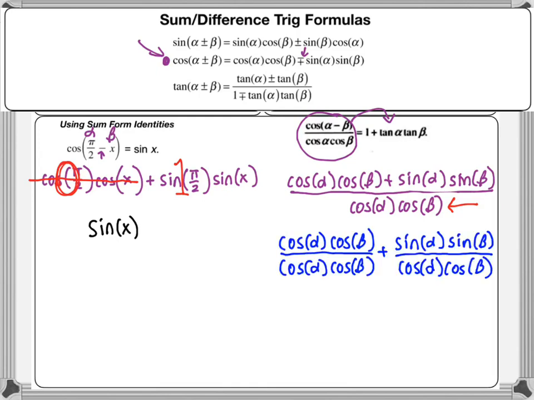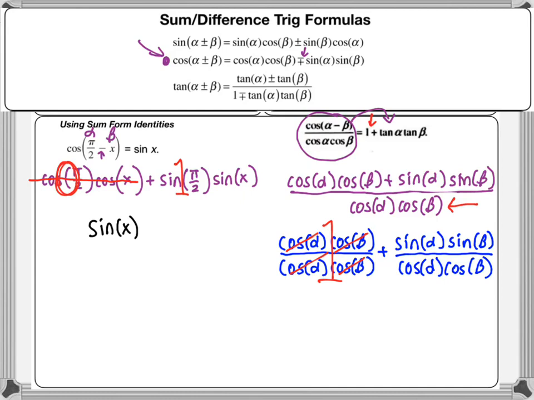So let's do that. Now I have some interesting stuff going on here, because it looks like I need a 1 and I need some tangents. Well, the 1 is easy because that's just everything divided by itself, so that gives me a 1 right there.